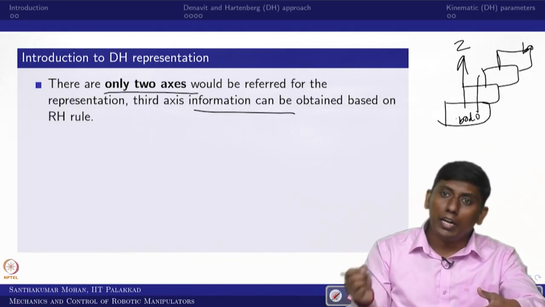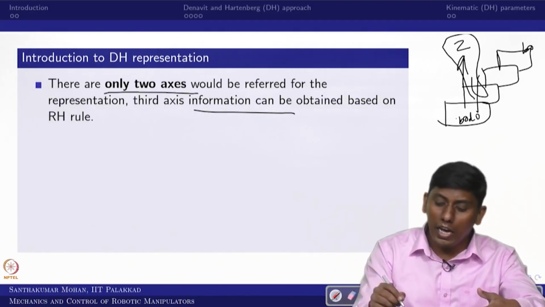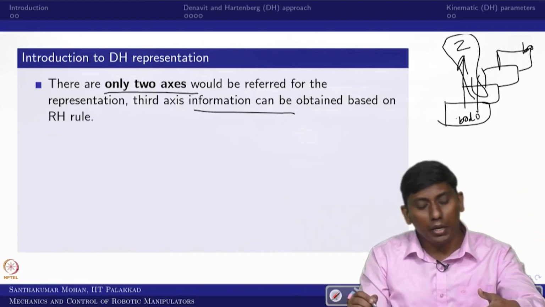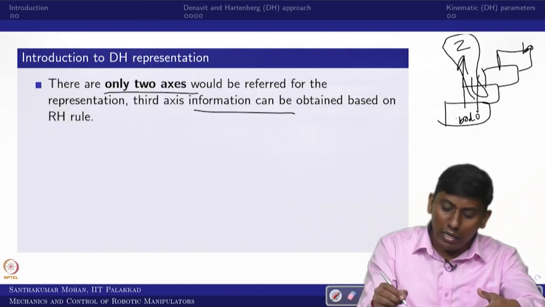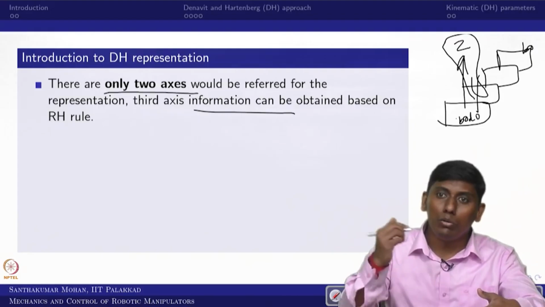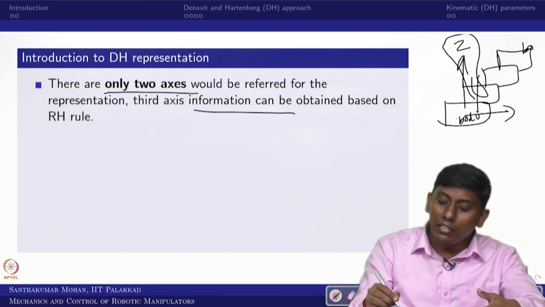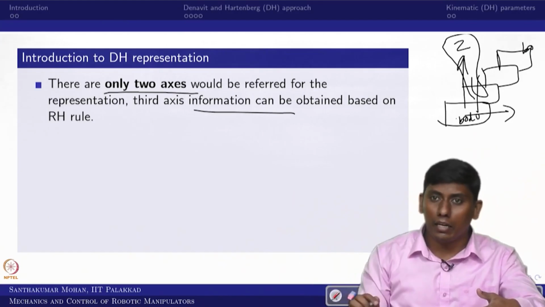So now I associated the joints all with the z axis, in the sense the z axis associated with the joint axis. So then you can see one axis associated with the joint will give one link to another link information. In addition to that, what you can see, this link is expanding laterally, right?